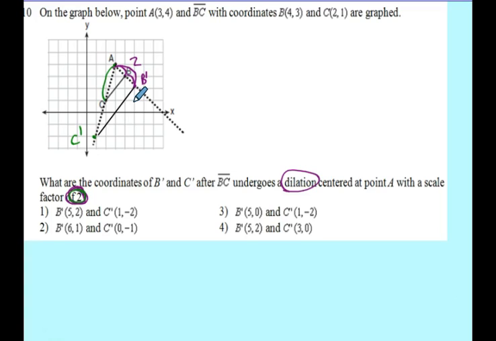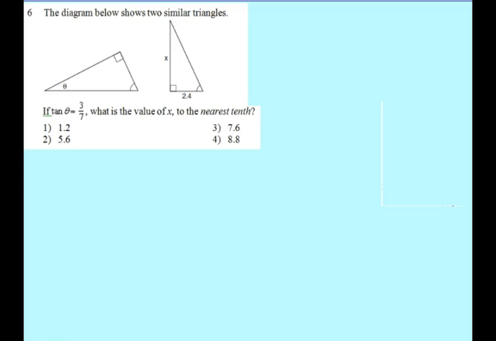So now you just have to read the coordinates very carefully, again from the origin. It is 5, 2, but I have 2 possibilities, so be very careful. And C prime, 1, minus 2. This makes choice 1 a correct one. That would not be choice 4.